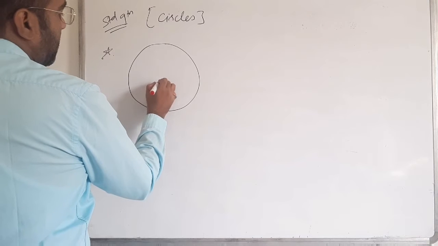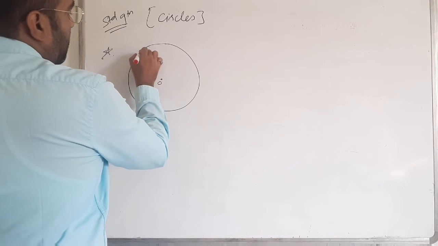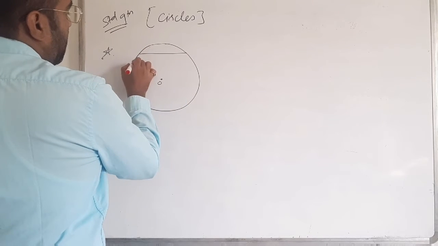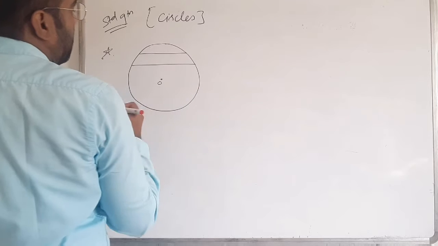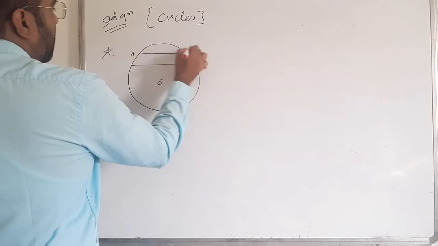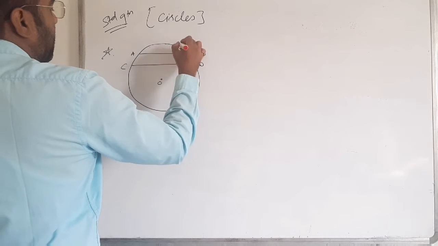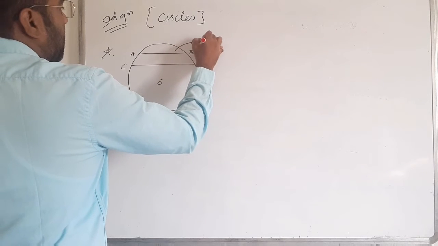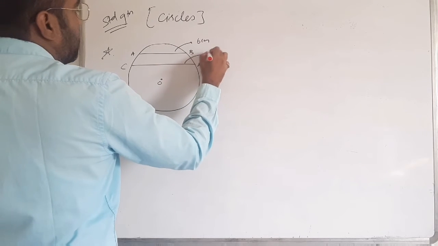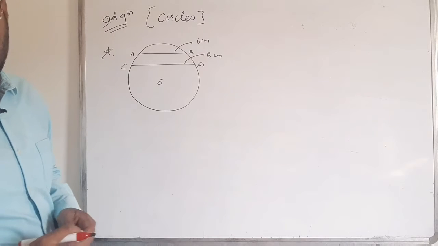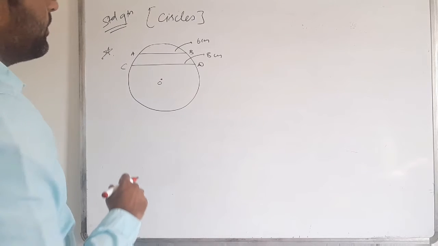This is the center of the circle, this is the smaller one, and this is the larger one. Smaller one I'll name AB, and larger one I'll name CD. Smaller one is 6 cm long and larger one is 8 cm long.